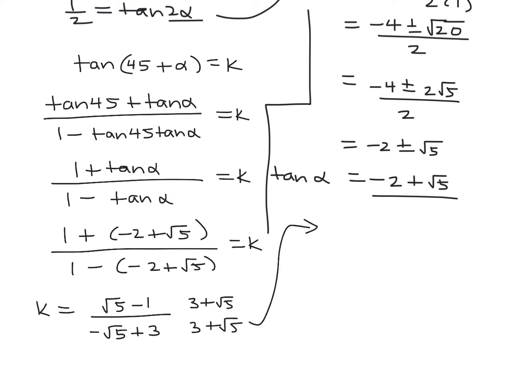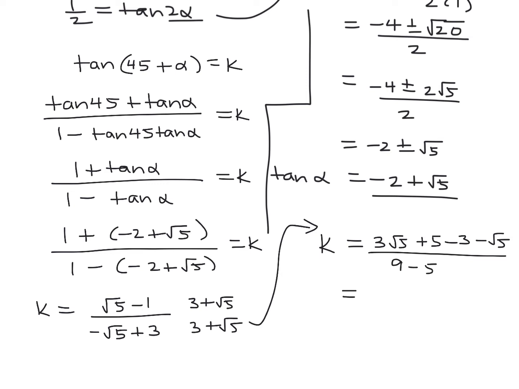Okay, we're getting there. So that makes the top equal to, let's see here, 3 root 5 plus 5 minus 3 minus root 5, and the bottom will be 9 minus 5.